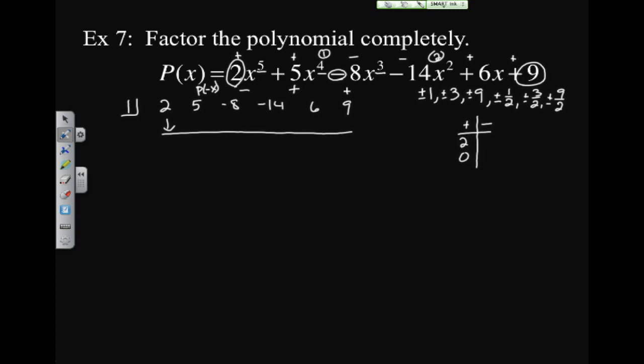Here, 2 negatives plus 1 more, that's 3, so you're going to be a negative there. This 6 will be just 1 negative, and then the 9 is going to be positive. Separate that there. So we've got 1 change, 2 changes, and then 3 changes. So 3 or 1 is the number of negative answers that we could have.